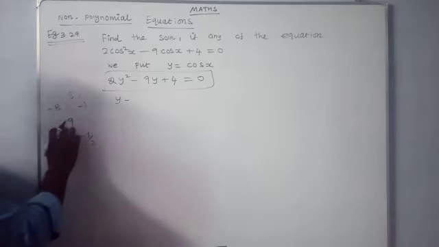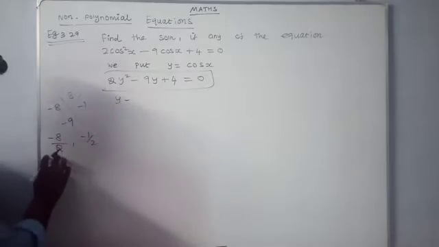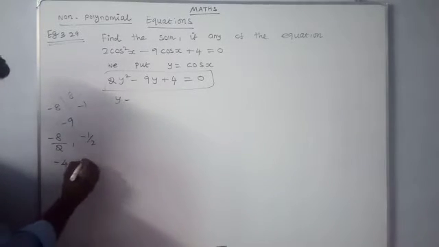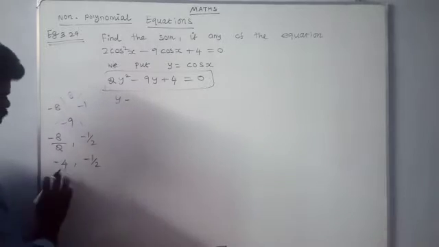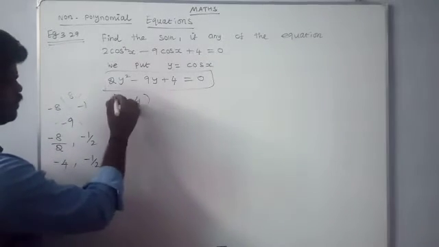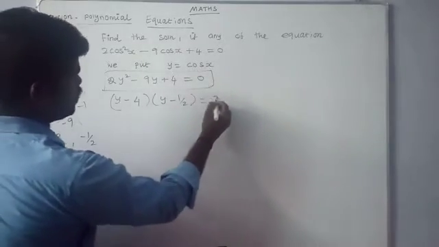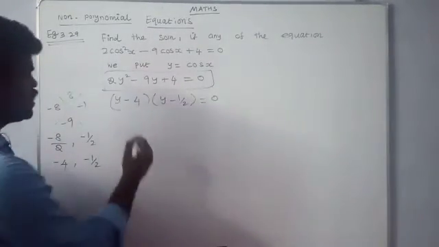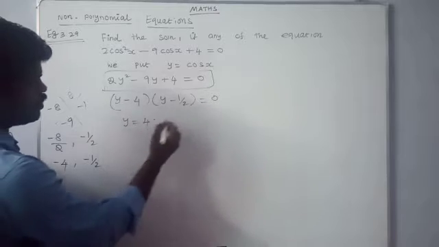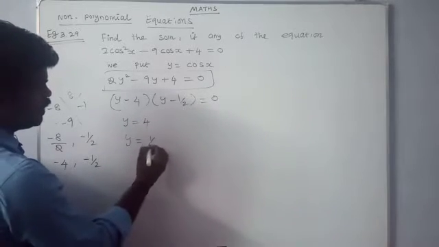Multiply gives plus 8 and add these two terms gives minus 9. Here minus 4, comma minus 1 by 2. What are the values? y minus 4, comma y minus 1 by 2 equal to 0. Therefore, y equal to 4 and y equal to 1 by 2.